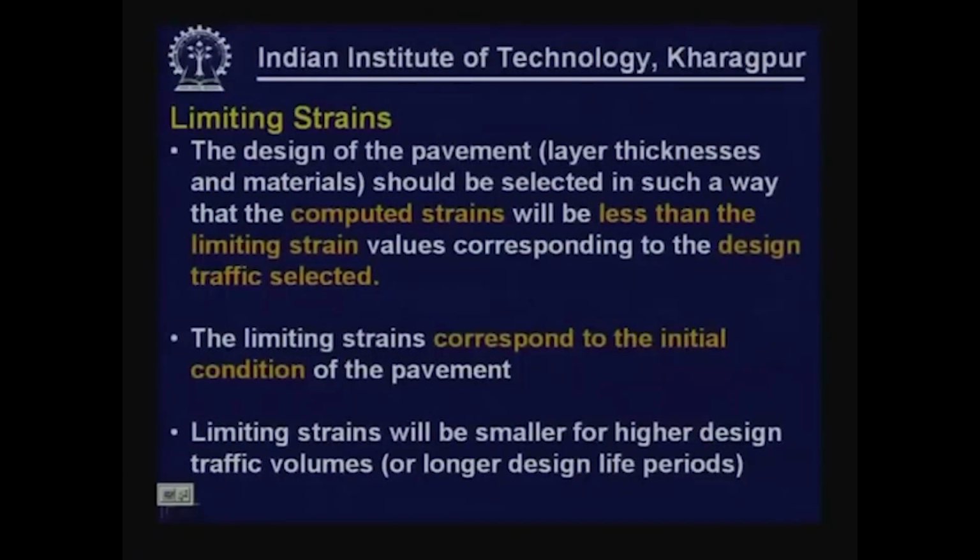The limiting strains correspond to the initial condition of the pavement. This is very important, because the design that we select, the layer thicknesses and material properties, all correspond to the initial condition of the pavement immediately after it is constructed. So the properties selected have to correspond to that condition, and the strains also correspond to the initial condition.